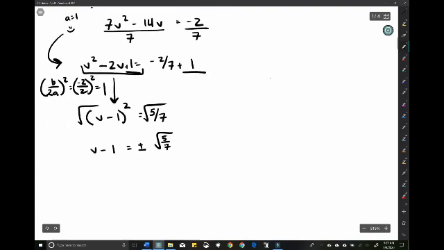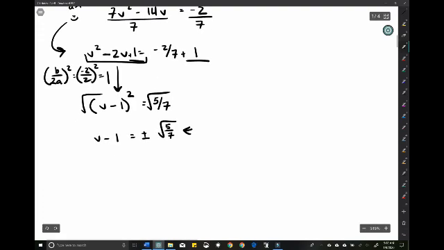We're going to have to fix this up a little bit because we don't like square roots in the denominator. But let's just look at essentially what we have here. So if we add 1 to each side, that means v is equal to 1 plus or minus, it goes before the plus or minus, square root of 5/7.